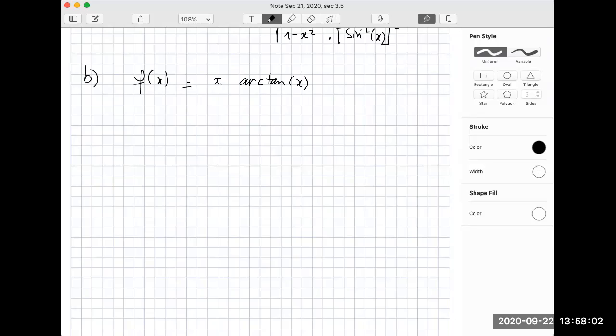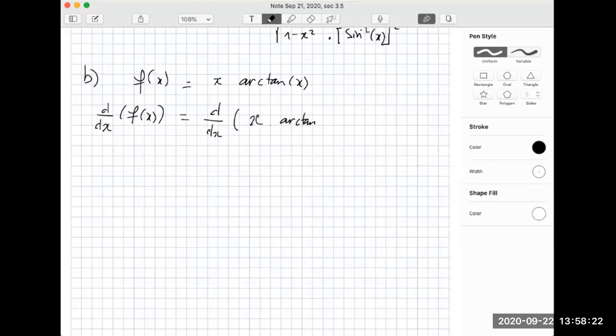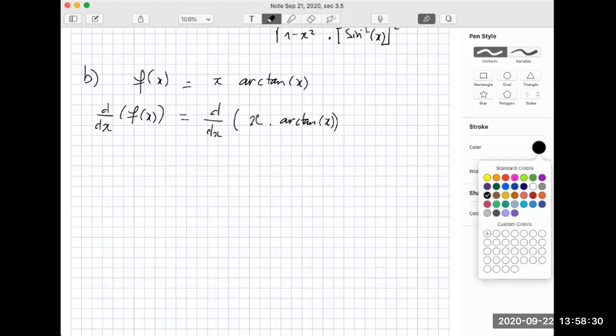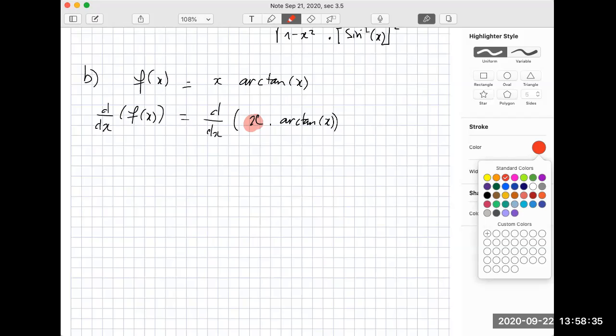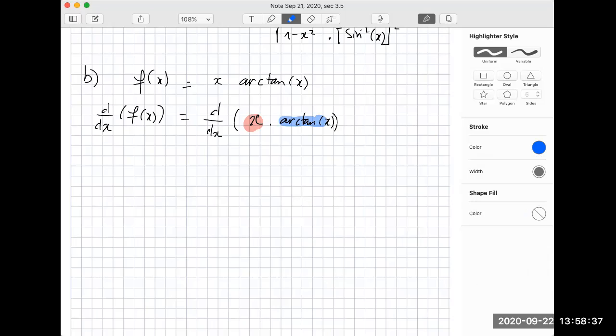So we want to compute the derivative of this guy. And which formula should we use here? Perfect. Product rule. So in this case, it is the product of 2 functions. One is x, and the other is the function tan inverse, okay?